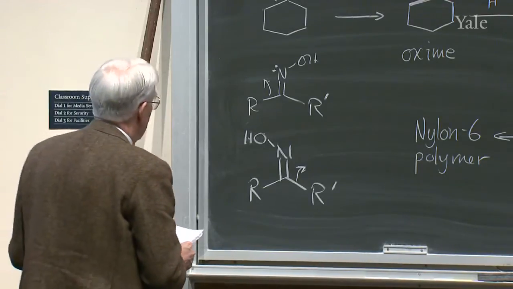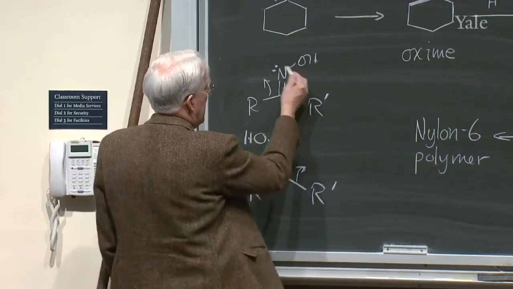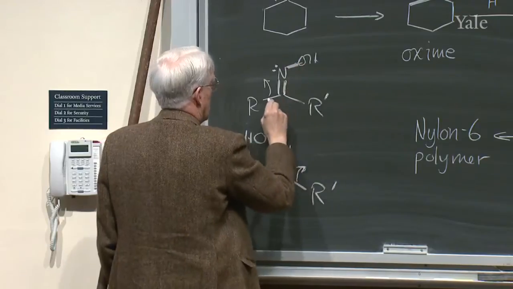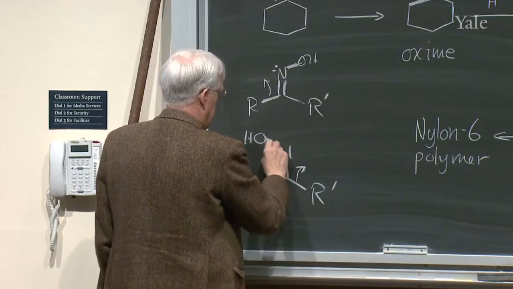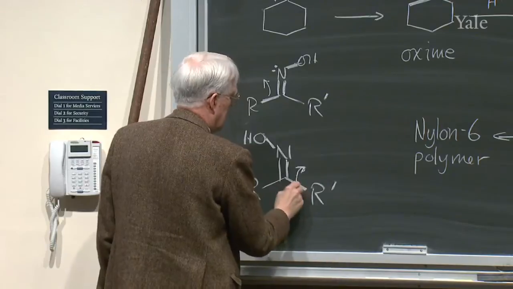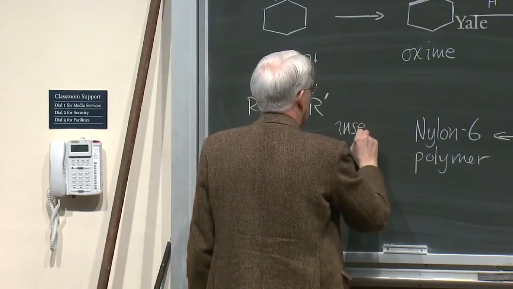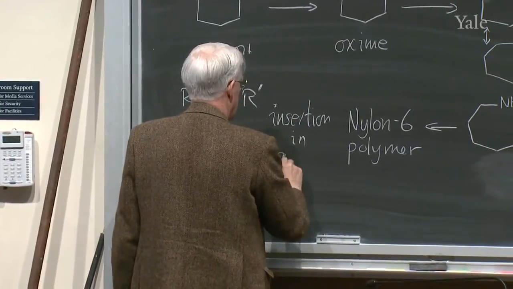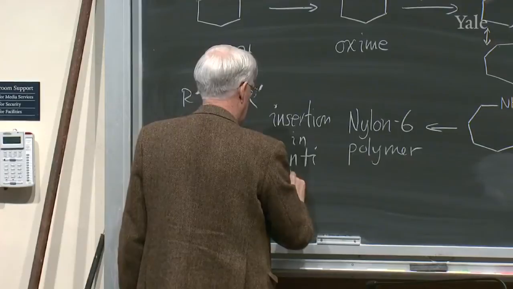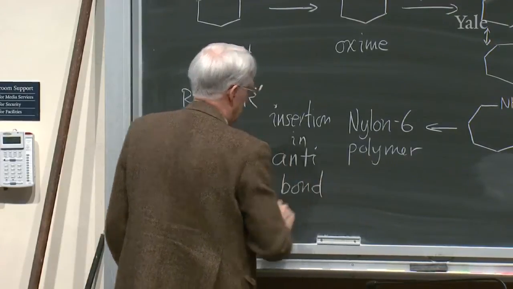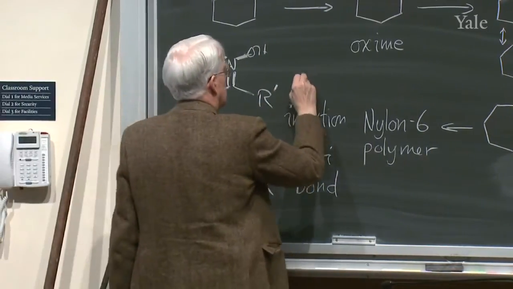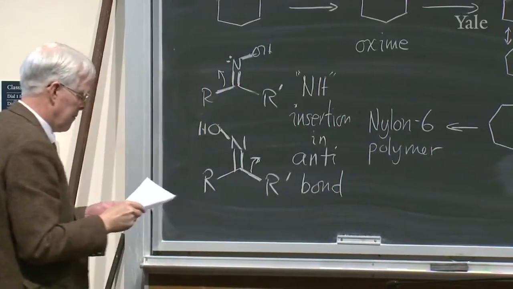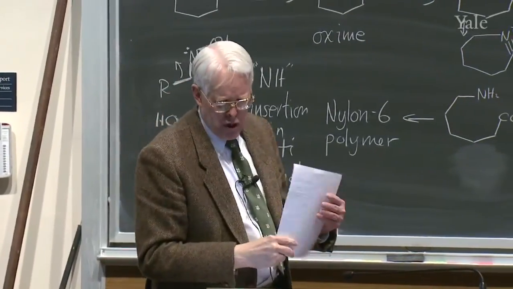So the nitrogen inserts in the anti-bond, the one that's away from the OH. Okay, so that's the Beckmann rearrangement.